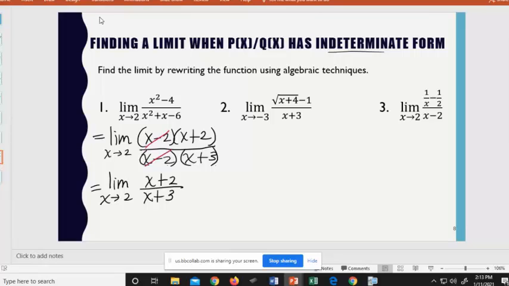And then maybe I can figure out what that answer is. So now let's try direct substitution. Okay, so that's 2 plus 2 over 2 plus 3, or 4/5, which I think we found 0.8 earlier. Remember that? 0.8? Okay.